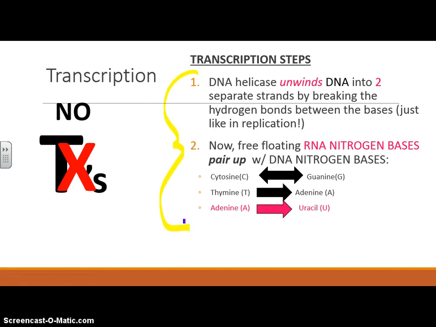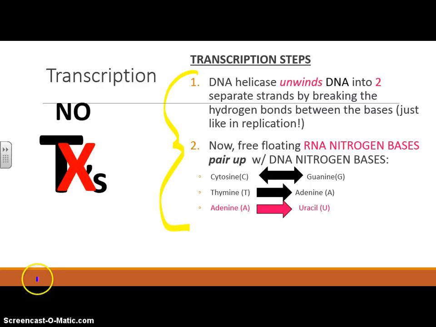The second step is that now that the DNA is unwound, we're going to match up our complementary RNA bases with it. So we're going to make a single strand of RNA using our DNA that we split apart.